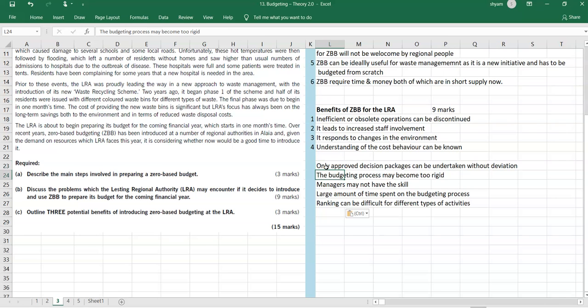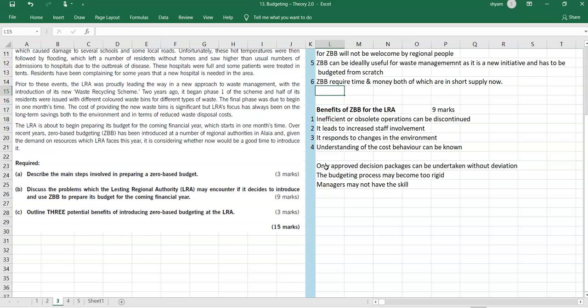The budget process becomes actually very rigid in ZBB, and that is a problem for LRA, because LRA has quite a number of uncertain situations happening. So we assume that they have the skills to do it, and a large amount of time is spent. I think that has been repeated. Difficult for different types of services. I think that also has been repeated.